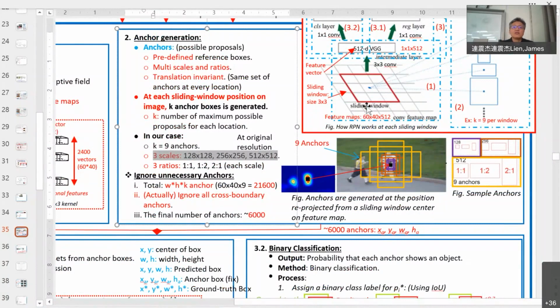No, because suppose it's 3 by 3, but this one is low resolution. If this window we map to the original image size here, it will become 128 by 128. So we have 3 scales here, 3 by 3, 5 by 5, 7 by 7. We map the image size will become this one.